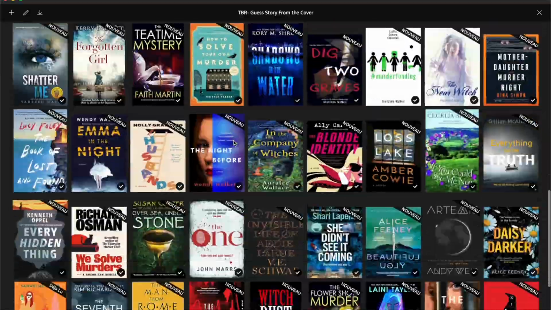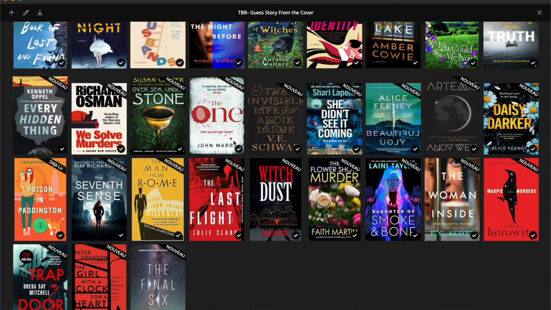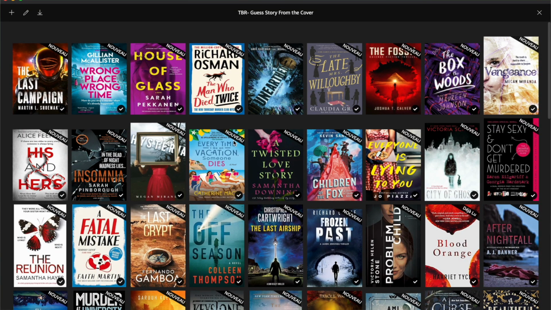I have 93 titles that I put at the moment in this TBR, and there is really a mix of genres, but a few of them are titles that I've had for the longest time. I have 11 rows in that direction, and 9 columns on that one.